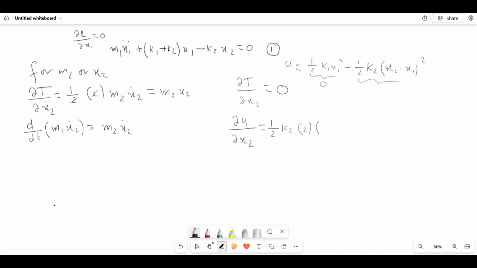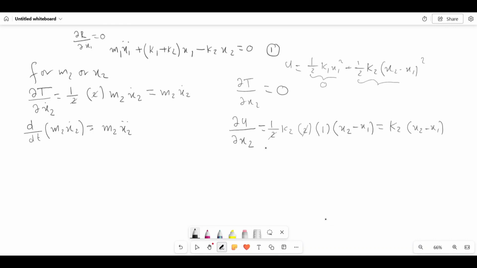So differentiation of x2 will simply be 1. We copy the function the way it is, which is x2 minus x1 to the power n minus 1, which is 1. So the 2 cancels the half, and the answer that we have here will be k2 (x2 minus x1). It's quite quick. I said a lot can happen in 2 minutes.